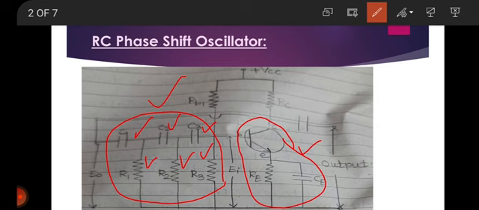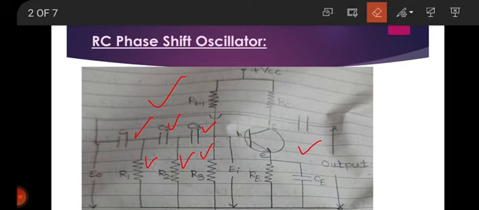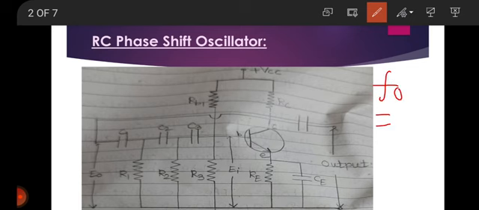Then see the working of this RC phase shift oscillator. When the circuit is switched on, it produces oscillations of frequency determined by the equation f naught equal to 1 upon 2 pi RC under root 6.